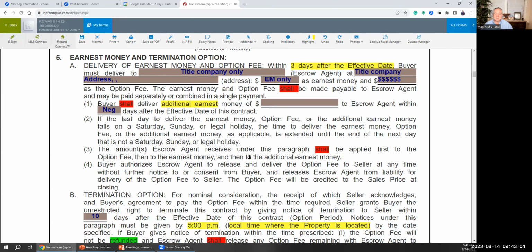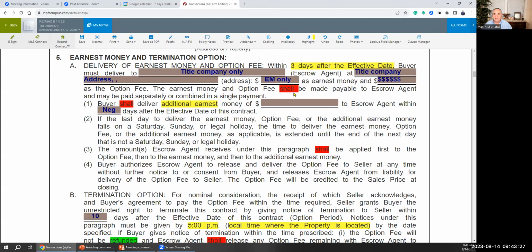So one of the things, if I'm doing a backup, is I might put 0 here for earnest money and a low option fee. Because is the option fee refundable in any circumstance? No. But we have to convey that with the consumer. We may know it, but we need to make sure the consumer knows it.